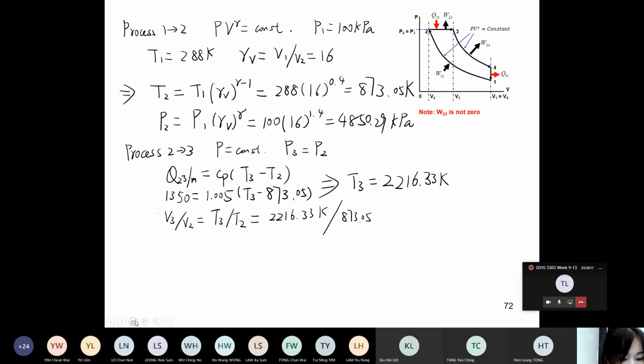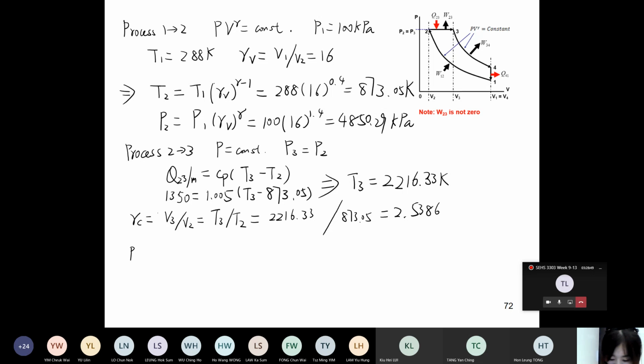What's the value, guys? The cutoff ratio. Yes, 2.5. This is our cutoff ratio, another important definition. Okay.